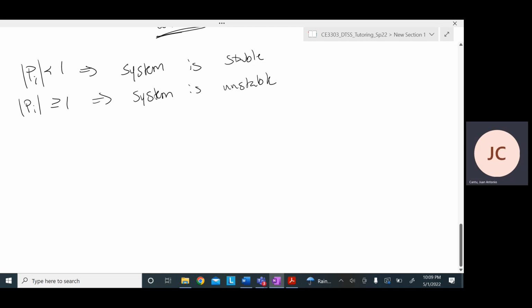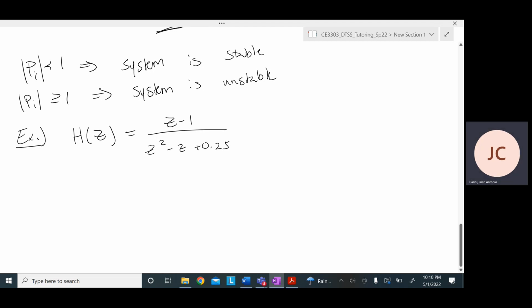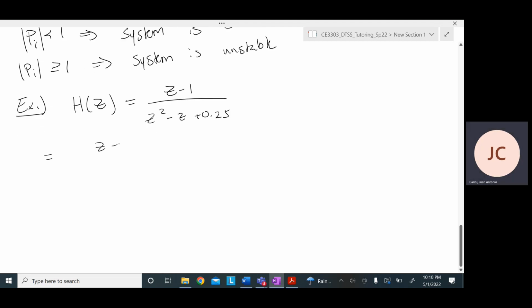So let's do that. Let's say I'm given a transfer function H of z, and it's equal to z minus 1 over z squared minus z plus 0.25. Let me factor this. I'll get z minus 1 over (z minus 0.5) squared, but I'm just going to write it out.